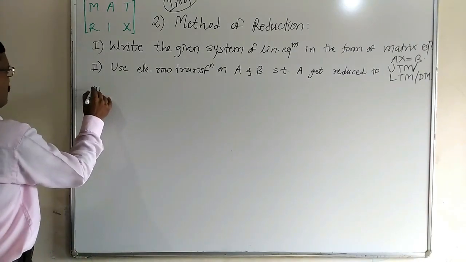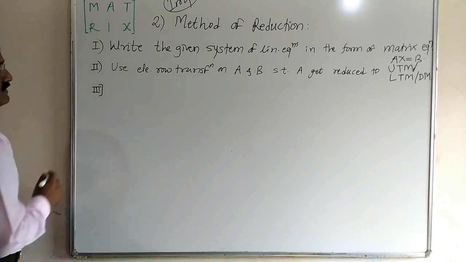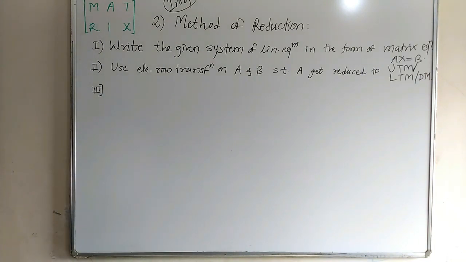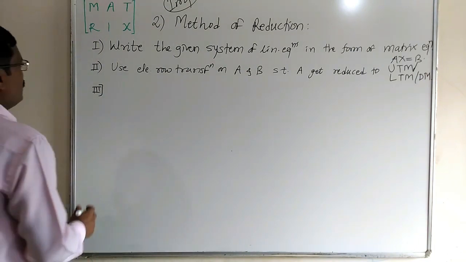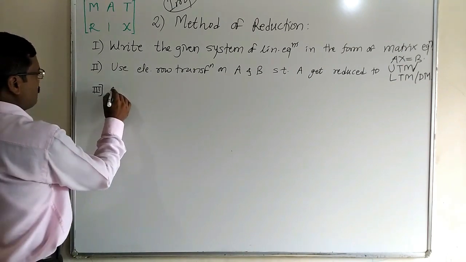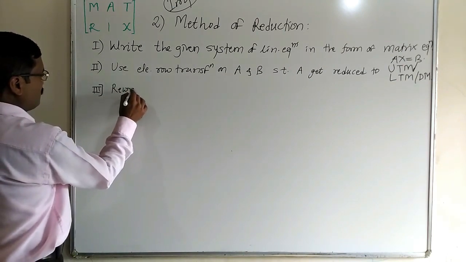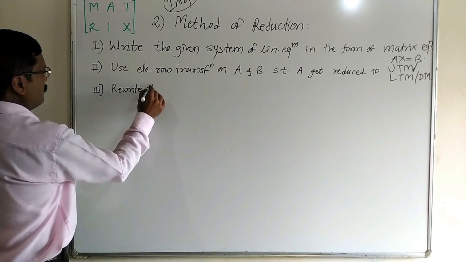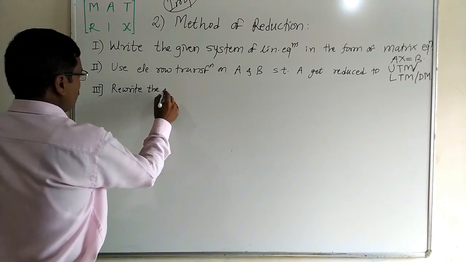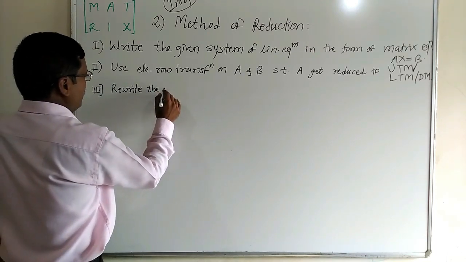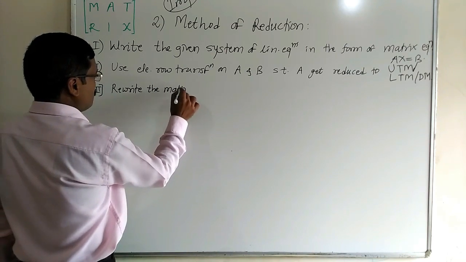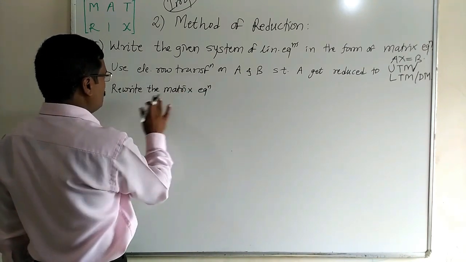Then after getting the upper triangular matrix of matrix A, we will rewrite the matrix equation. Rewrite the matrix equation means new matrix equation.